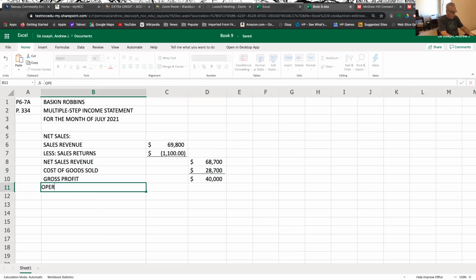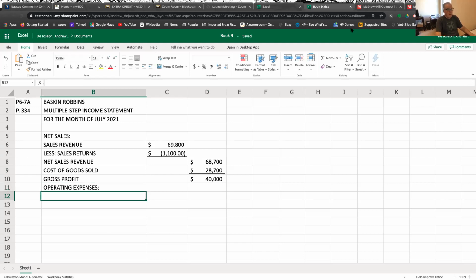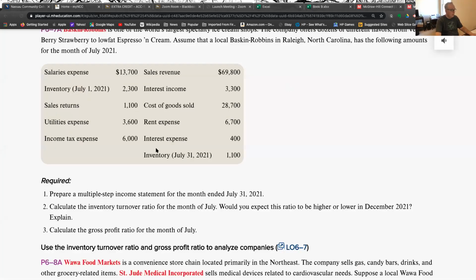Next, I have the operating expenses. What were the operating expenses? If we go back to look at the problem, right, it's salaries, utilities, rent expense, not income tax, not interest income, not interest expense, right?